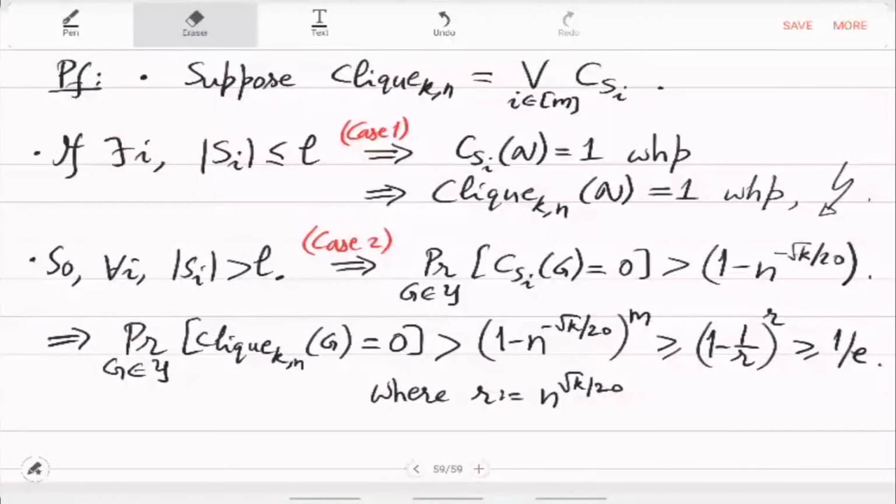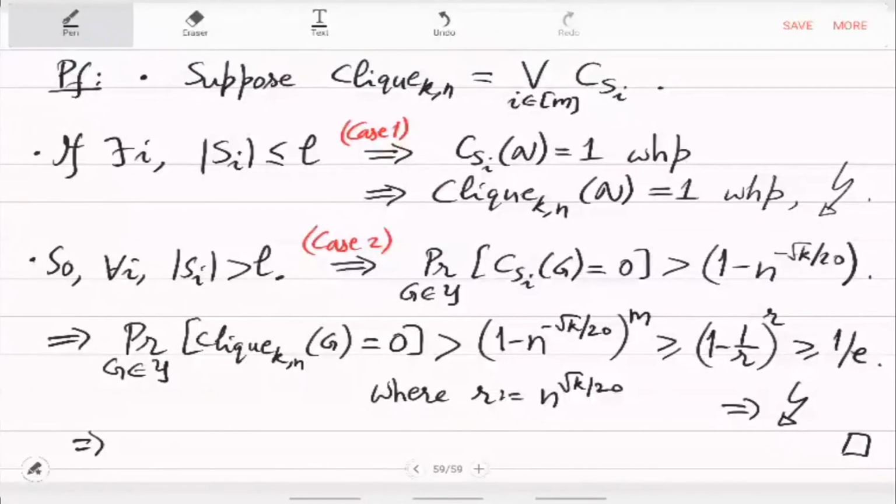So with a decent probability on the yes instances you are getting 0, which means that it can't be the clique function. So that's also a contradiction. So this finishes the proof.